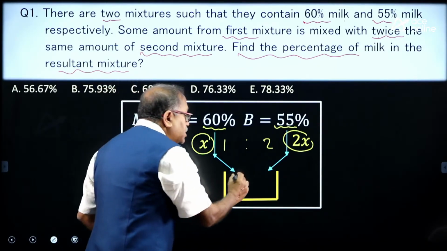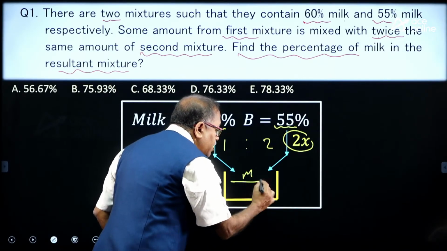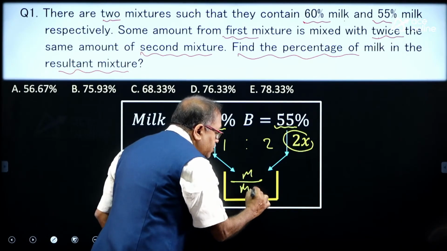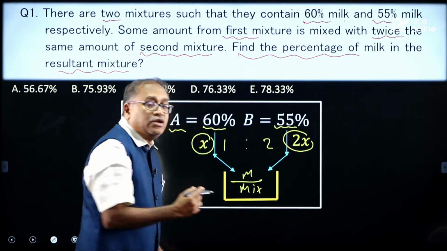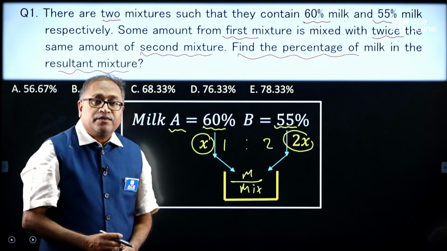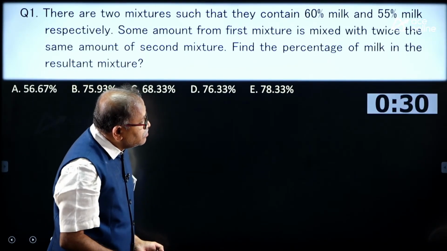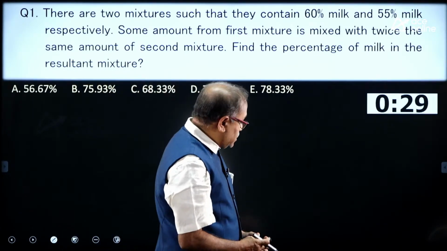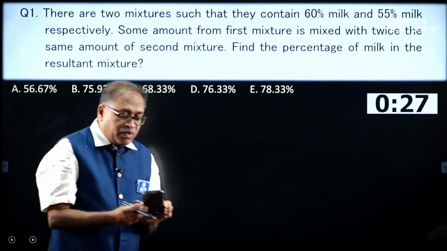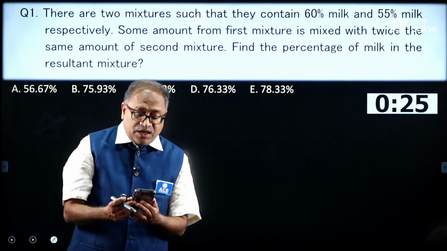That means milk by total mixture into 100, that is what you need to find out. So, here is your time, my dear friends, 30 seconds. If some of you can answer the question, I will be very happy.